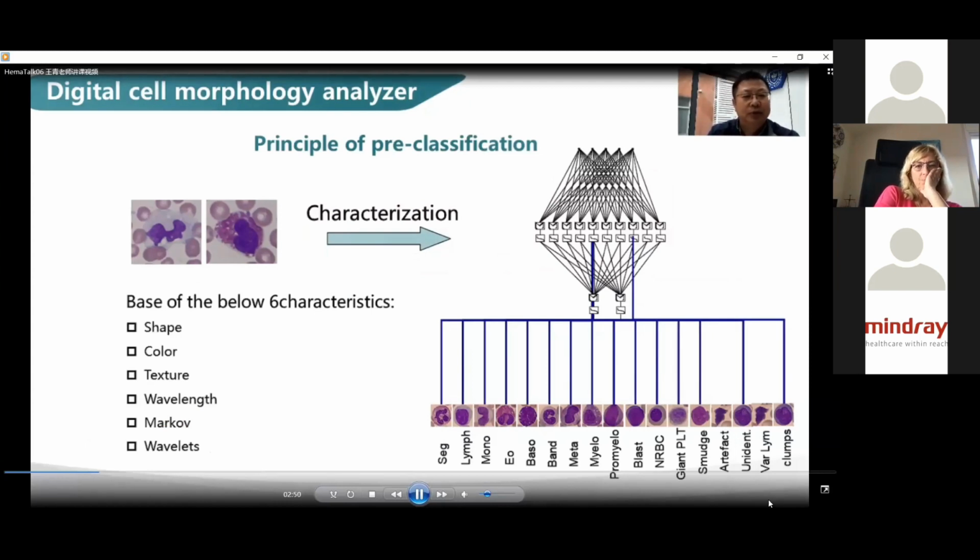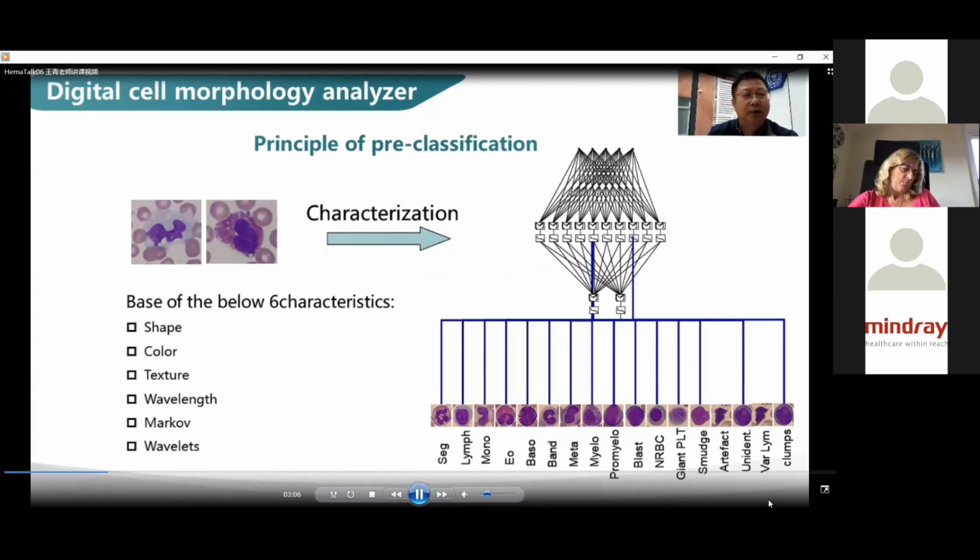For this digital cell morphology analyzer, we can say that it provides very good principles of pre-classification.